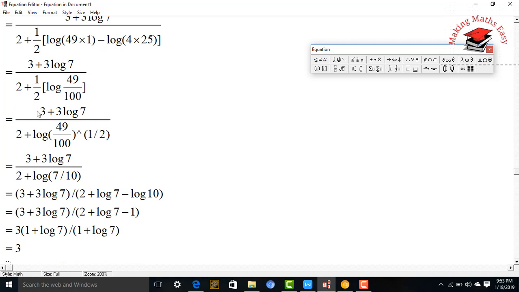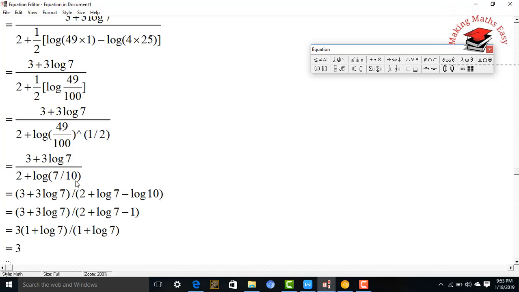As we know that log of a raised to b is equal to b log a, so 1 by 2 log of 49 upon 100, and it becomes the square root of 49 upon 100, which is 7 upon 10.